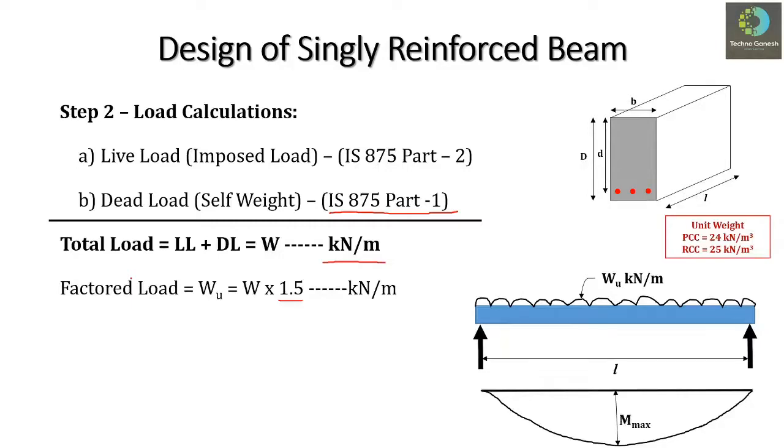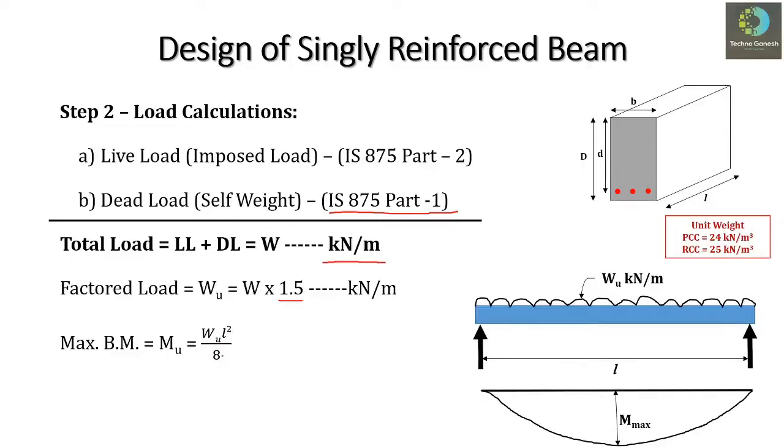So that will be the M max, and that value of M max can be calculated by using relation WL square by 8. So here W, that is the load acting on this beam, which is WU kilonewton per meter. So that's why we are taking the MU, that is maximum bending moment, or here you can call it as ultimate bending moment, because we are applying the ultimate load or factored load here. So that's why MU will be equals to WUL square by 8.